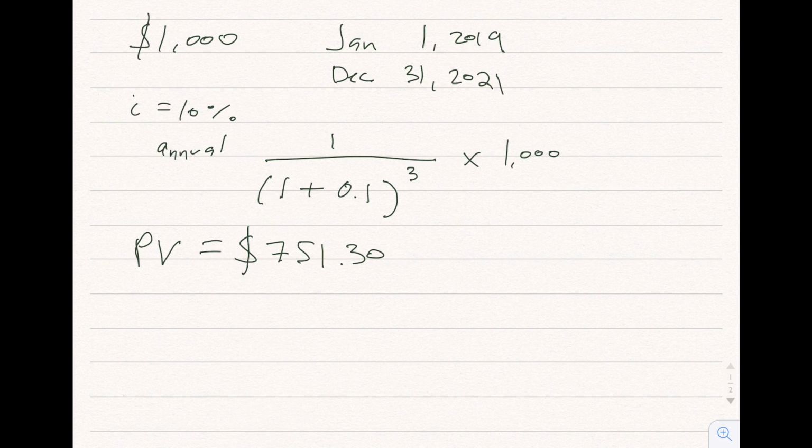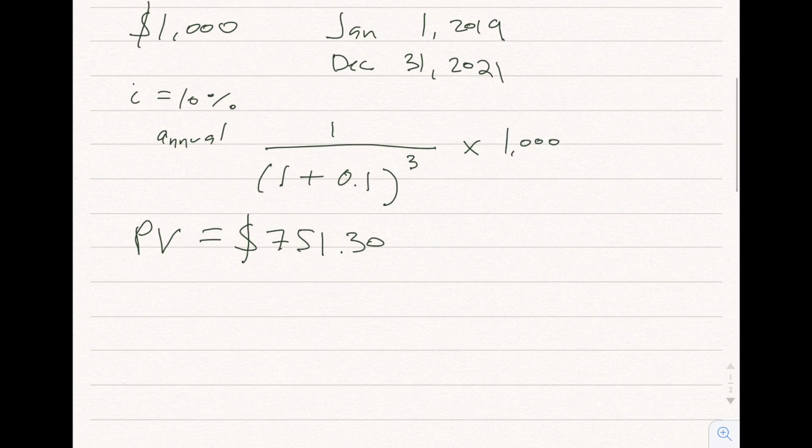Now, how do you check this, right? How do you know? Well, here's how you know, and here's why it's so important to convert the percentage to a decimal. Let's go the other way now to check our work. So 751.3, we're saying it's worth less because we're going to invest that money, right?